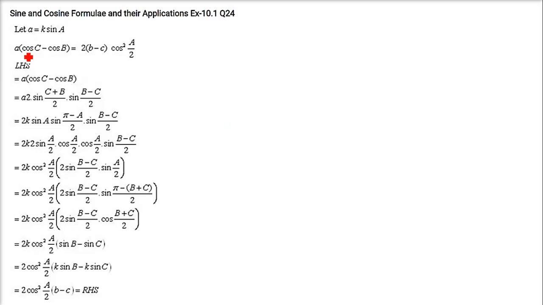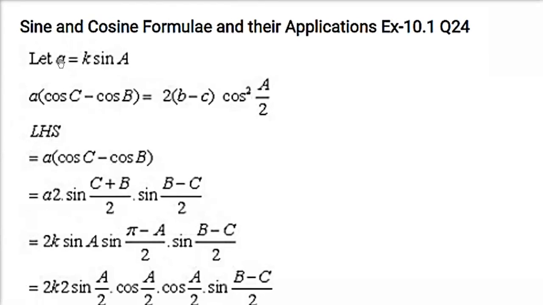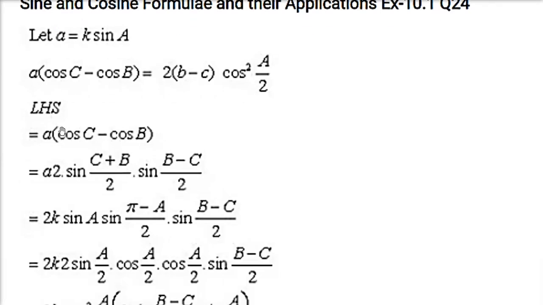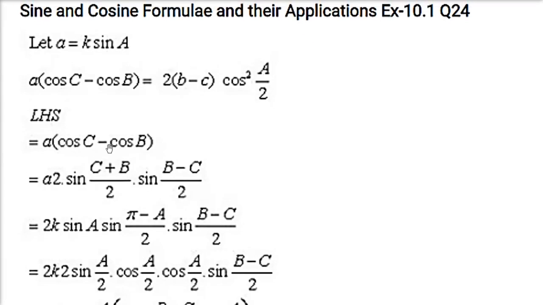We have this a cos c minus cos b, and we have to prove it to be 2b minus c cos square a by 2. So what we will do here is, first we will use this formula for cos c minus cos b, and then we will put this a as k sin a.